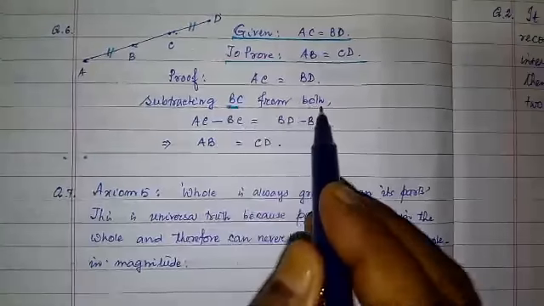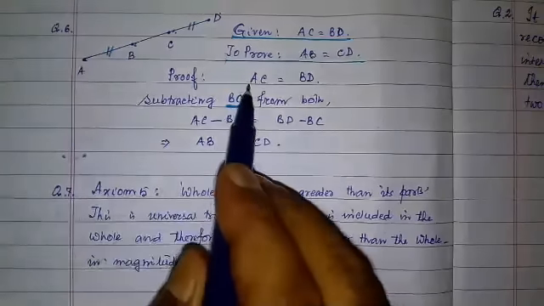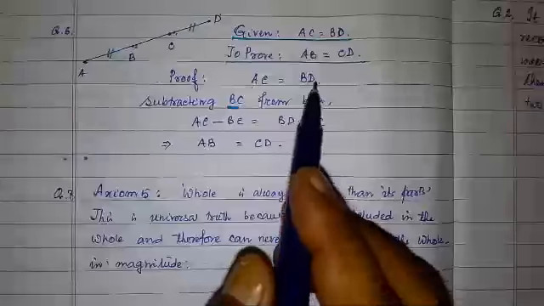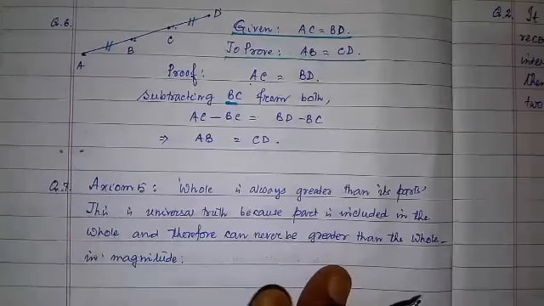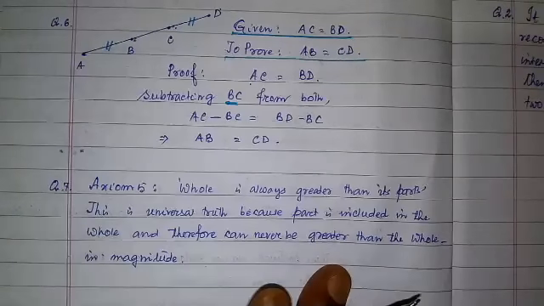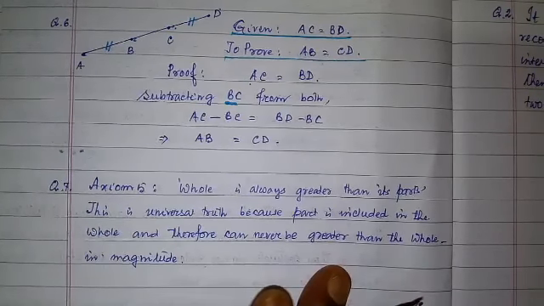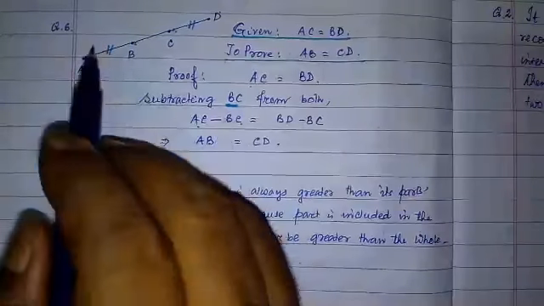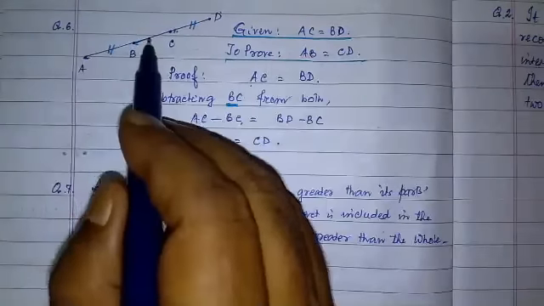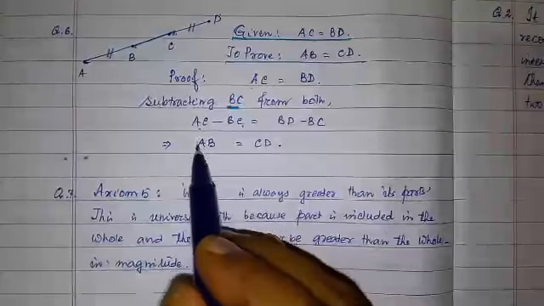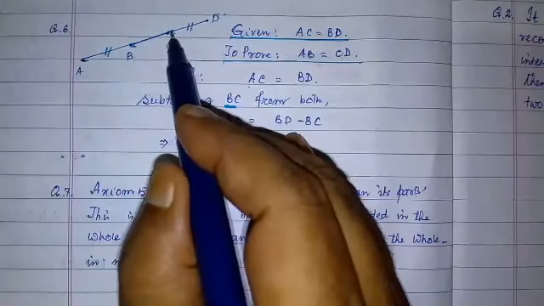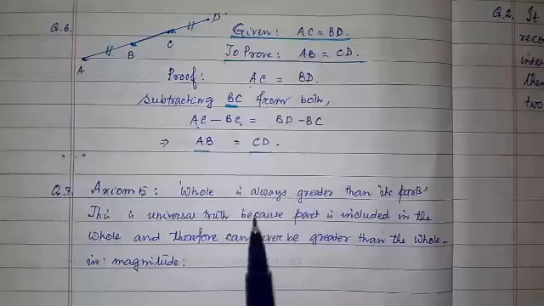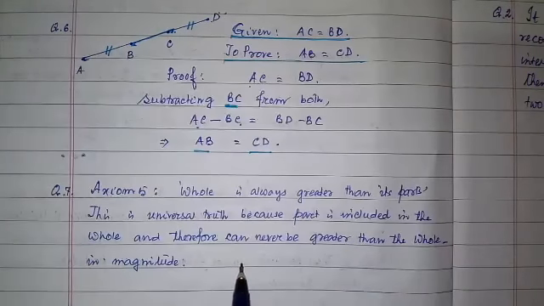Subtracting BC from both, that is AC minus BC is equal to BD minus BC. That is, if same thing is subtracted from the equal things, the remainders are equal. Now AC minus BC, what remains? AB. And BD minus BC, what remains? CD. That is, AB is equal to CD.